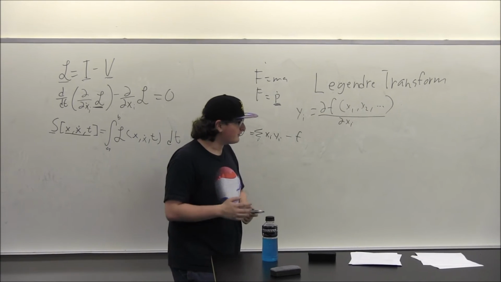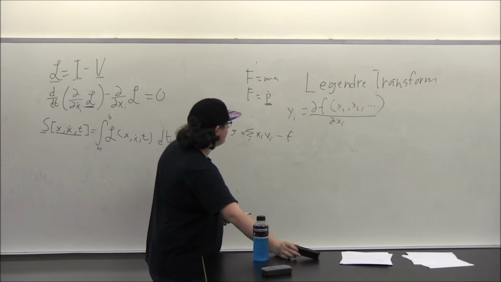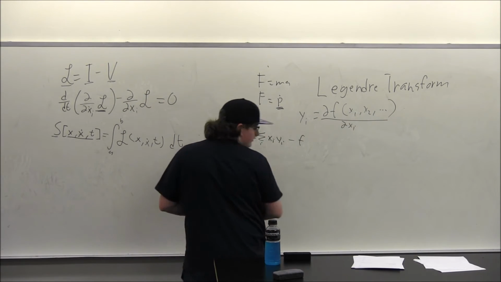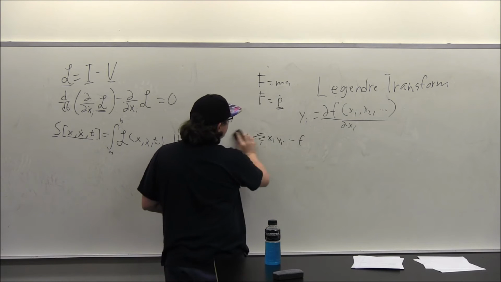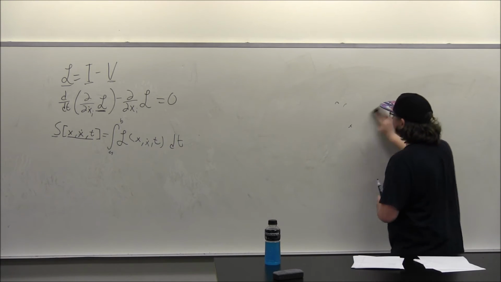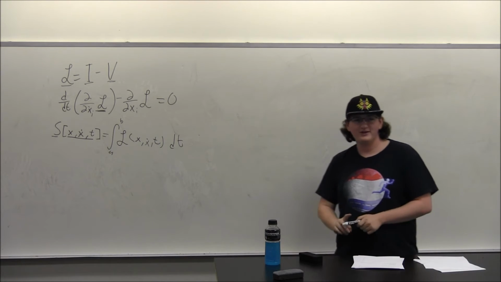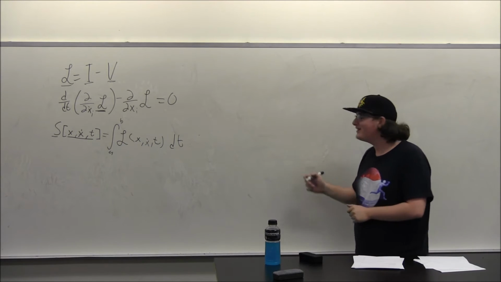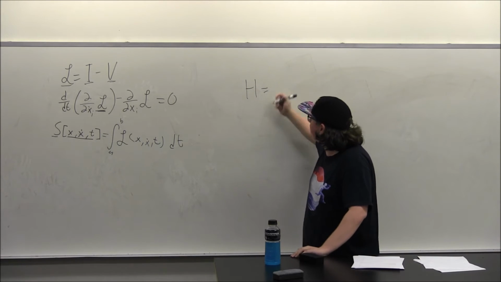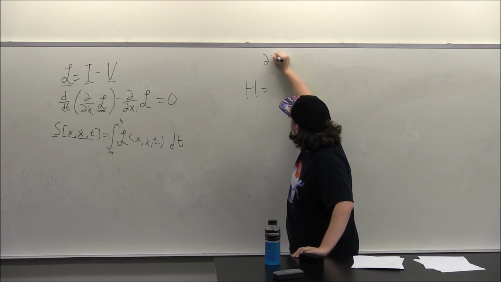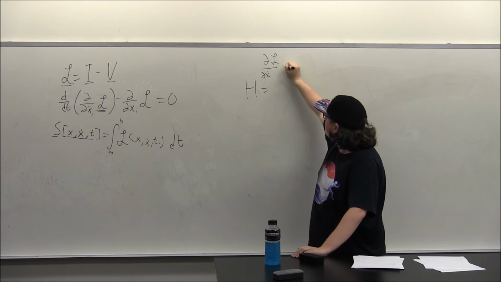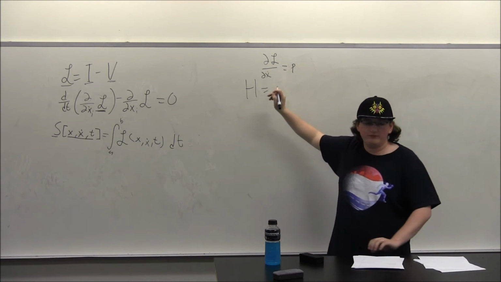So let's try that with our Lagrangian. It turns out that if you apply the Legendre transform on your Lagrangian, you will get this quantity I'm going to call H. First, starting off, we have partial L over partial x dot. We're just going to call that p.